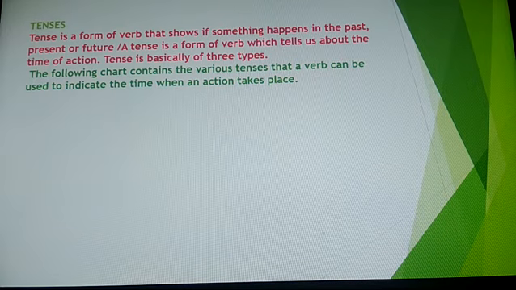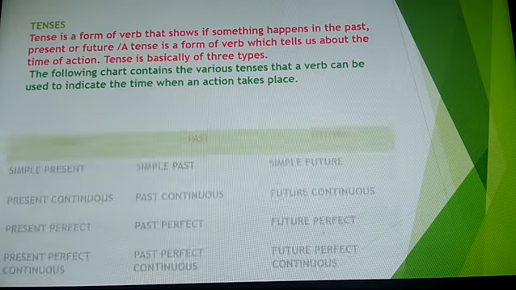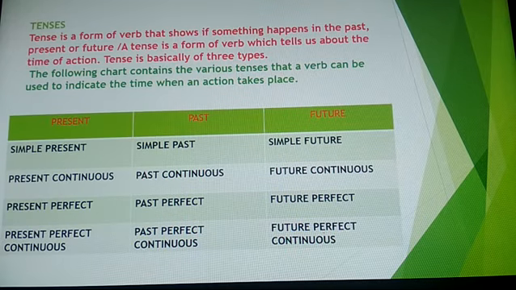So tenses are of three types. The following chart contains the various tenses that a verb can use to indicate the time when an action takes place. Now let us see the chart. We have three types of tenses: present tense, past tense, and future tense. Under present tense, we have simple present tense, present continuous tense, present perfect tense, present perfect continuous tense.